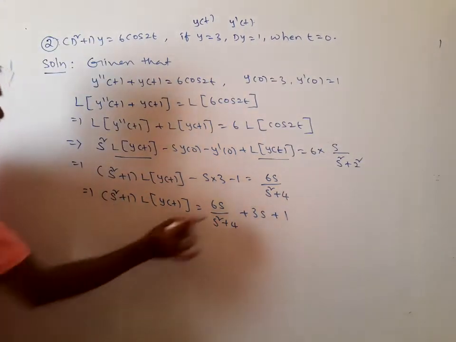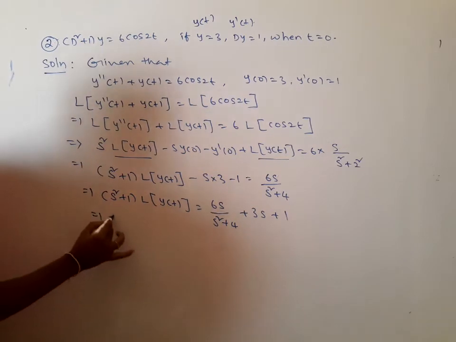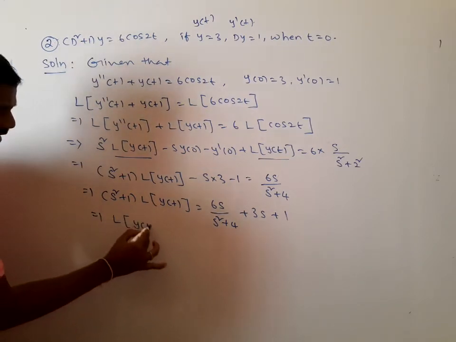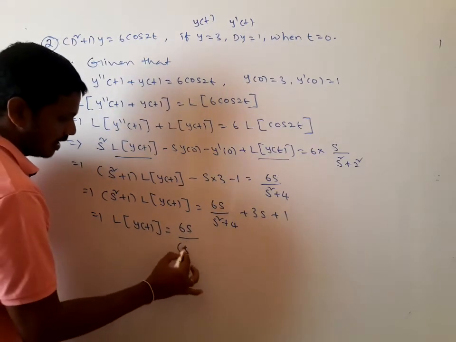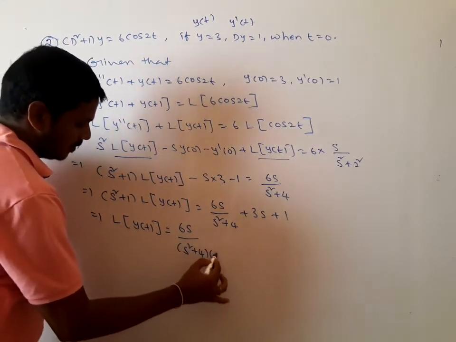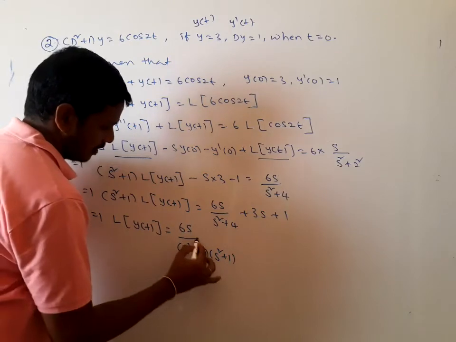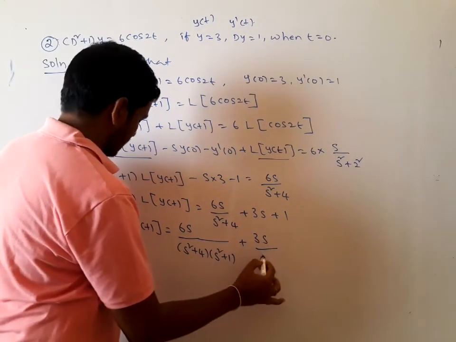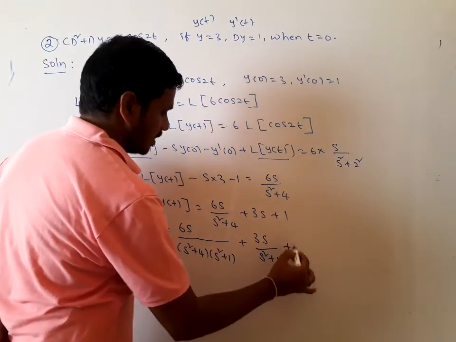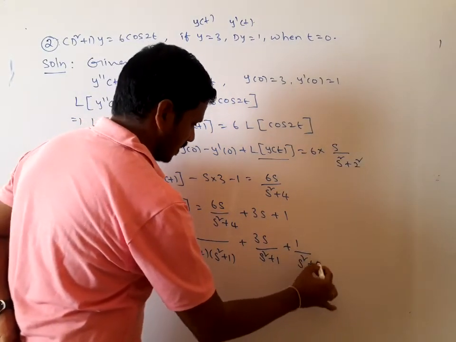Right, you take this term to the right side. Laplace transform of y of t is equals to 6s divided by (s square plus 4) into (s square plus 1), plus 3s divided by s square plus 1, plus 1 divided by s square plus 1.